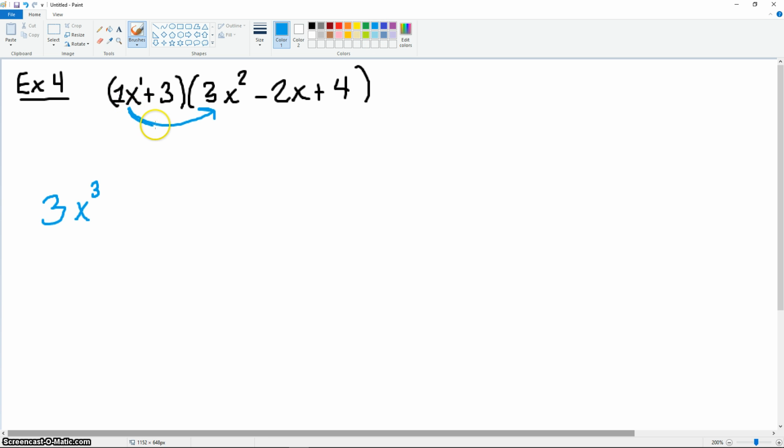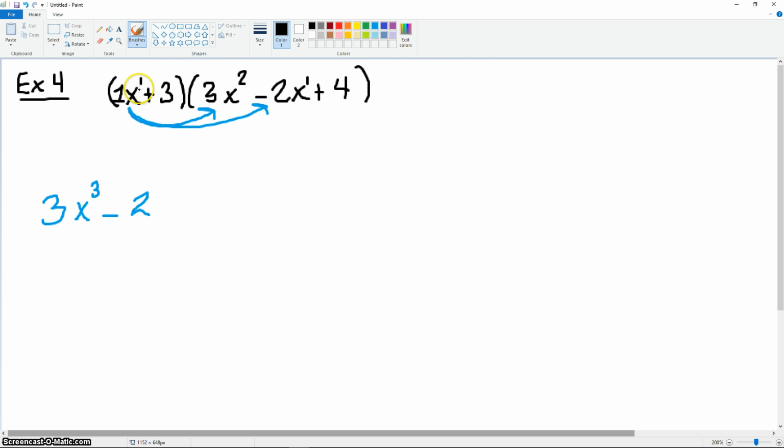All right, so then we have this here. And what is 1x times negative 2x? Well, let's worry about the numbers first. What is 1 times a negative 2? A negative 2. And then let's look at the variables. This has an exponent of 1.